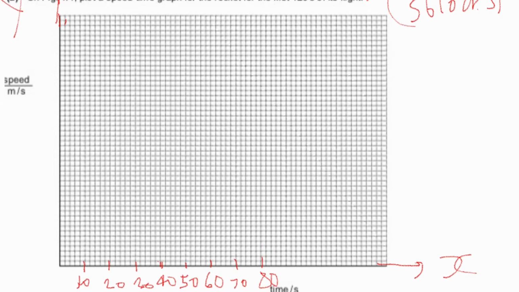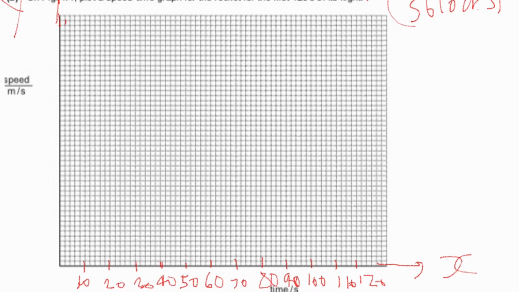Then 1, 2, 3, 4, 5, 90. Then 1, 2, 3, 4, 5, 100. Then 1, 2, 3, 4, 5, 110. Then 1, 2, 3, 4, 5, 120. So for the x-axis we have done this.